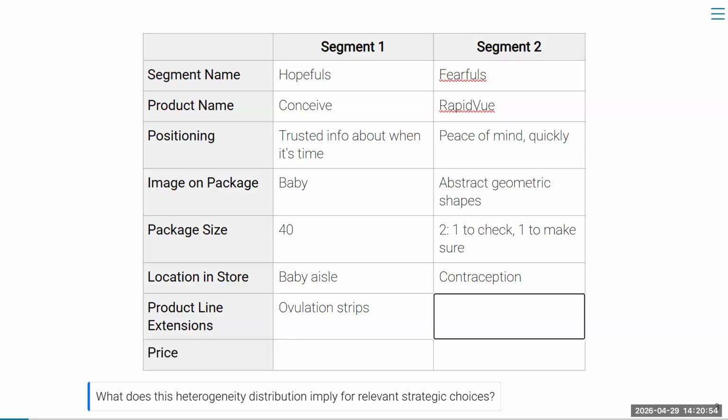What about for Rapid View? What else could you sell under that brand? Control. Well, Plan B is owned by a pharmaceutical company. Birth control, they were not making it, so they were in the test strip business. Well, that's what Rapid View is.